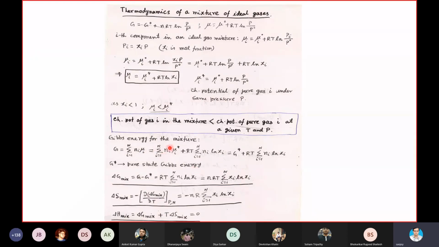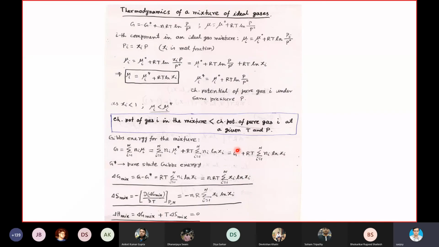Now what is Ni μi star? μi star is the pure state chemical potential. Chemical potential means Gibbs energy per mole, multiplied by the number of moles. So therefore this is the pure state Gibbs energy of all the gases, and then you are summing over all the gases. So therefore G star is the sum of the Gibbs energy of each component when they are present in the pure form.